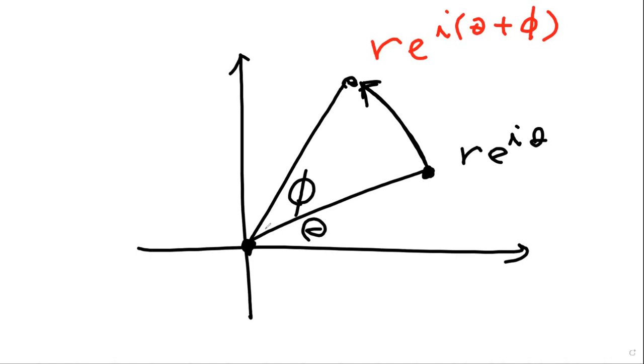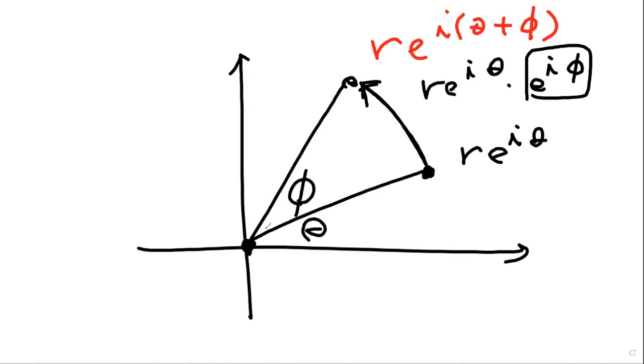Does that make sense? So basically, it is equal to r e to the i theta times e to the i phi. This is the rotational complex number. That's it.